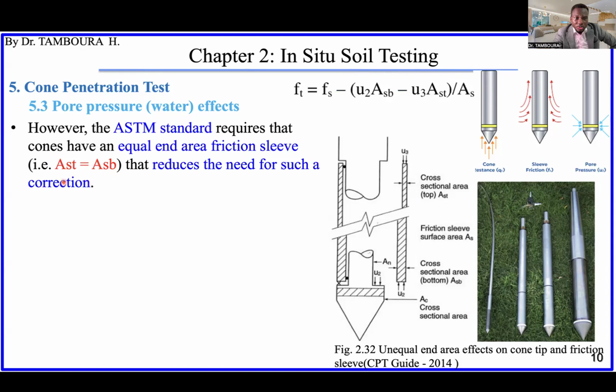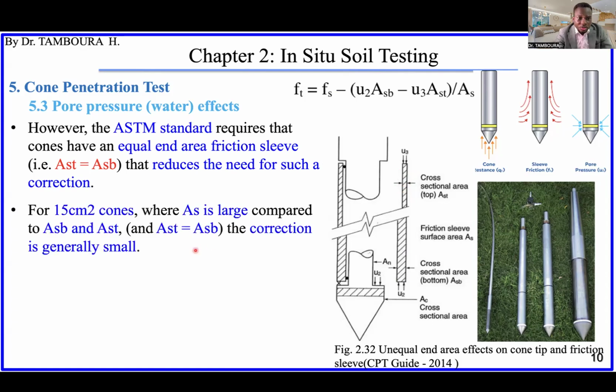So this is what I was saying. In the American Society for Testing and Materials standard, these two should be the same. It means the cross-sectional area of the cone at the upper one and the bottom one should be the same.